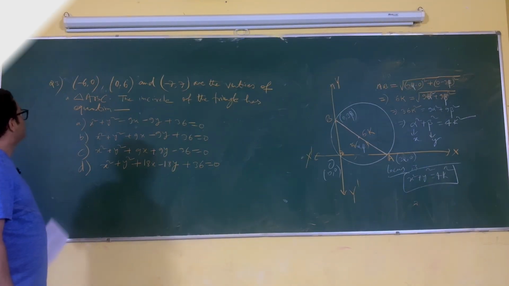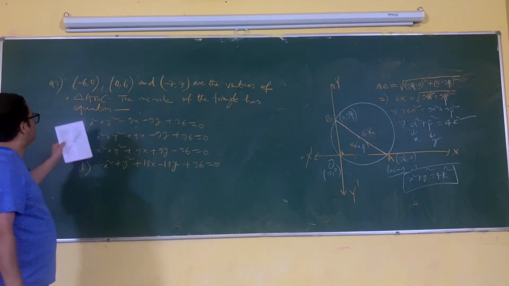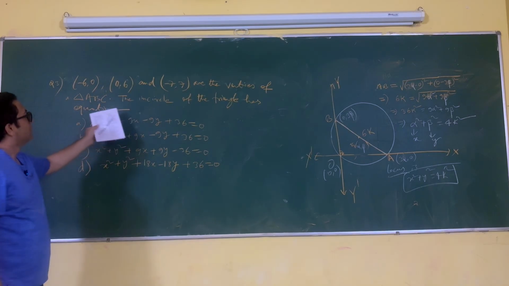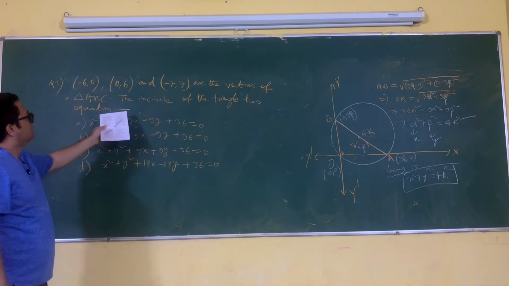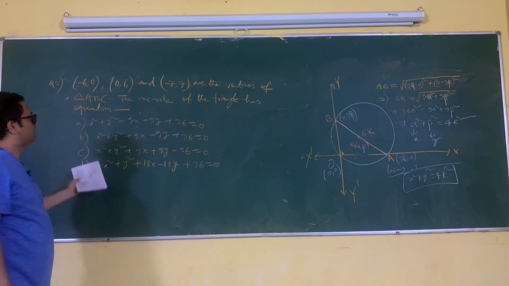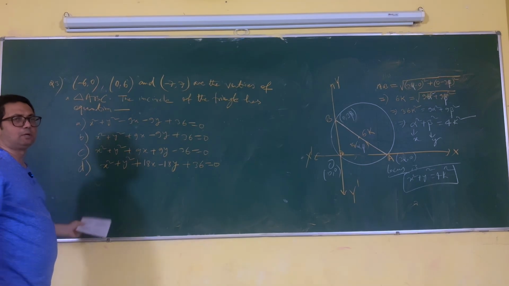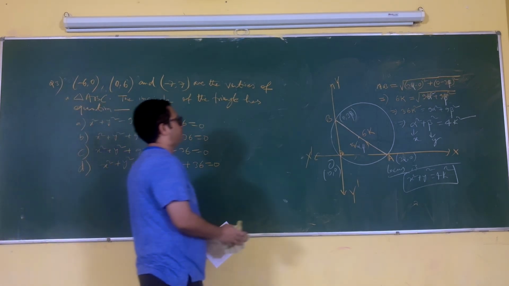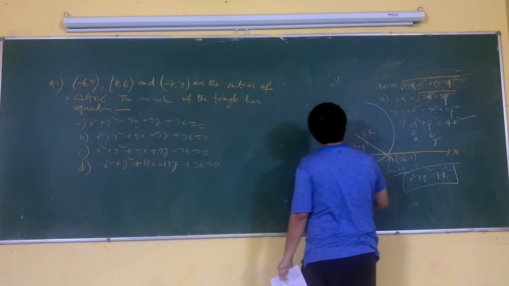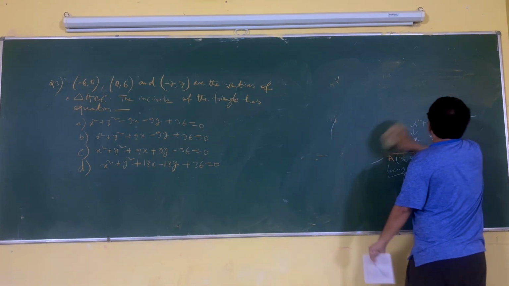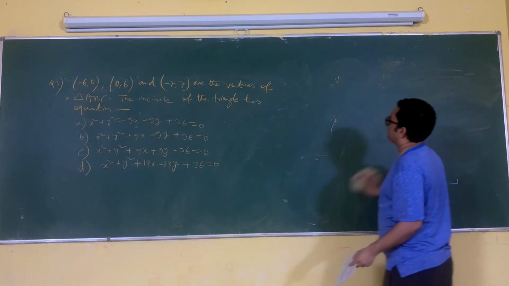So if you think over this question, there is a triangle ABC and the vertices are given. You have to find the incircle of the triangle. Basically, you have to find the equation of the circle. Let's solve this.